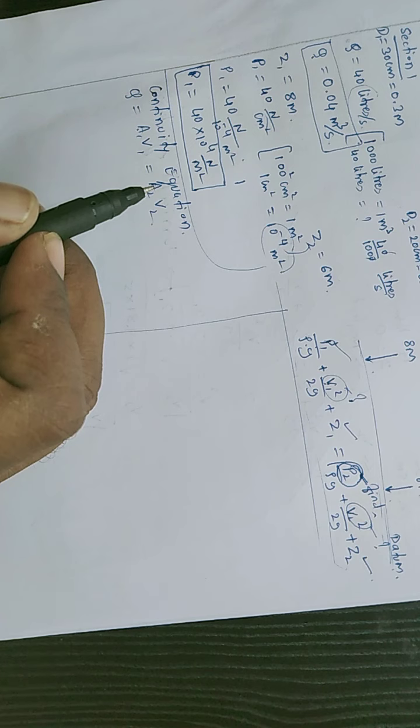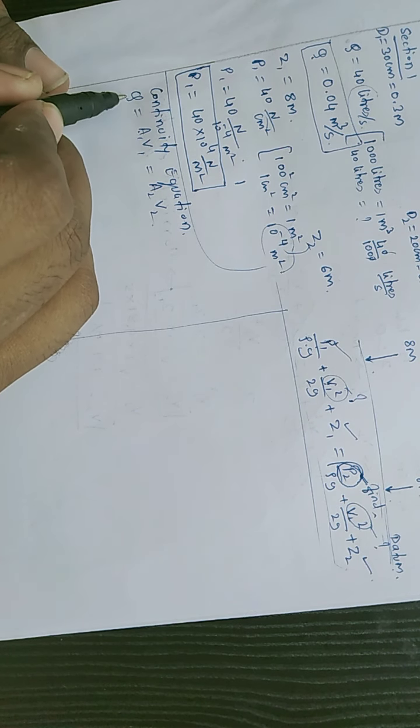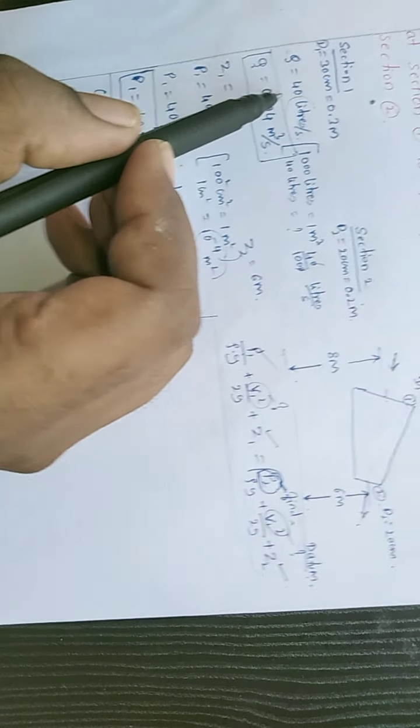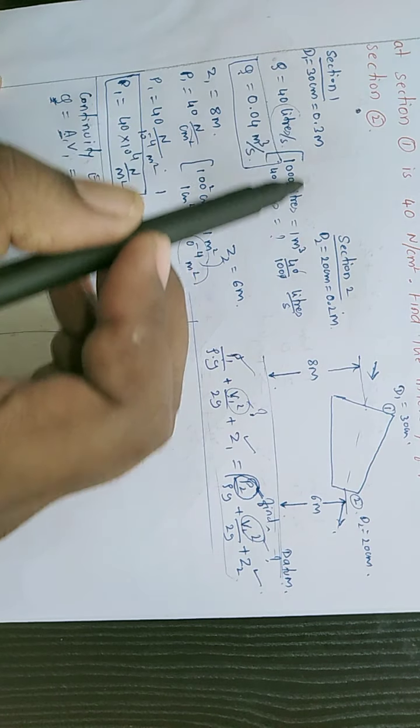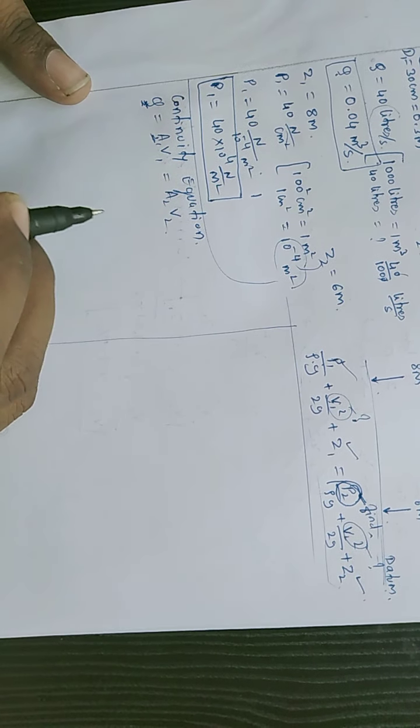We need to find A1 and A2 and substitute here. You already know Q. Diameters D1 and D2 are given. Substitute A1 and A2 and you will get V1 and V2.